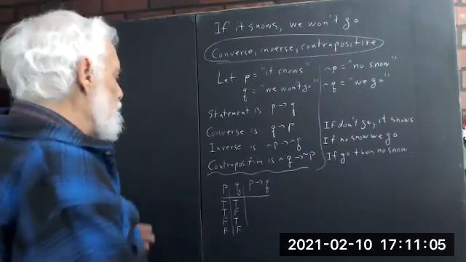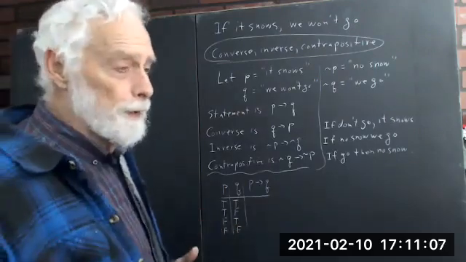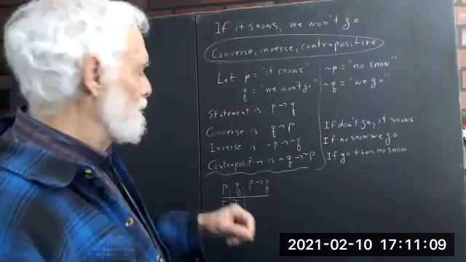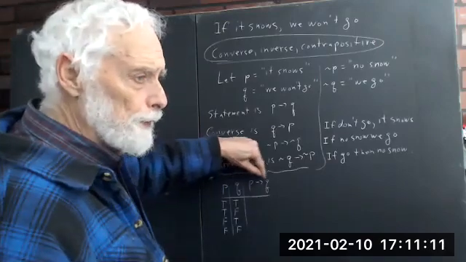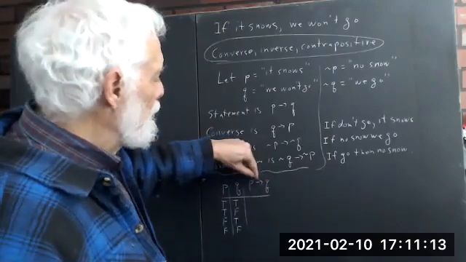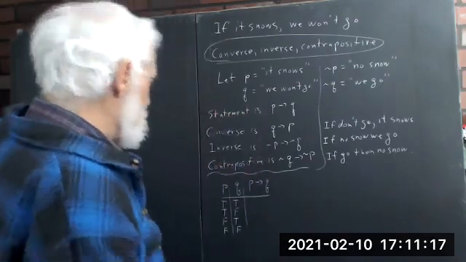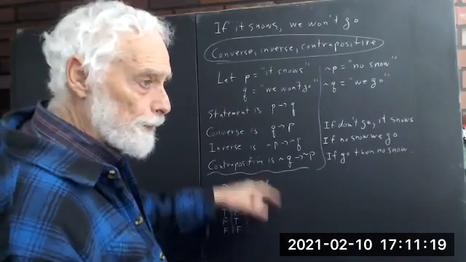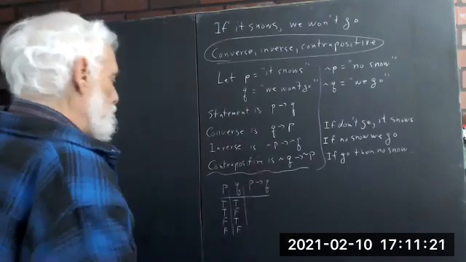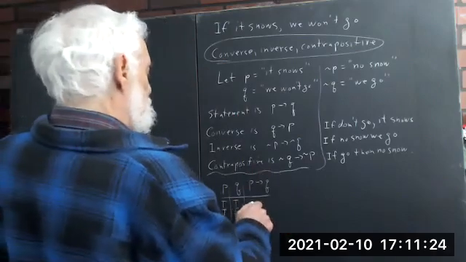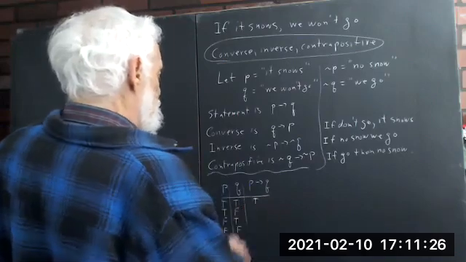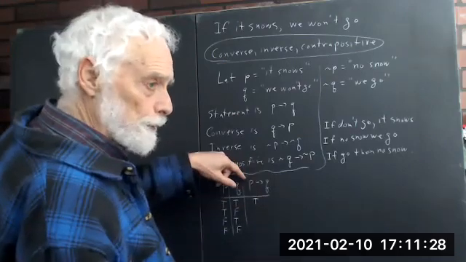Okay, well, the rule for the conditional is it's true unless whatever's in front is true and whatever follows is false. A false can't follow a true. Anything can follow a false, but a false can't follow a true. So if P and Q are both true, then we have a true following a true.